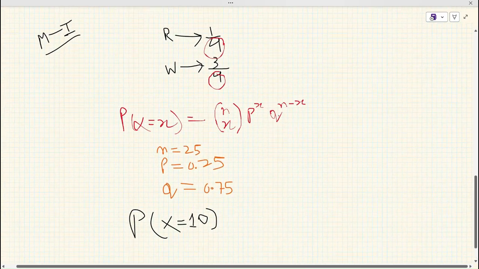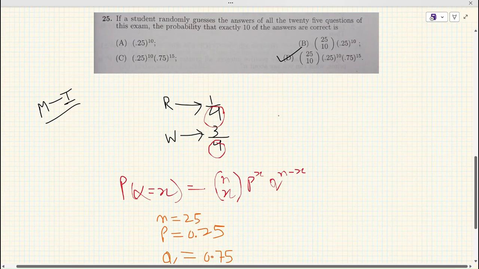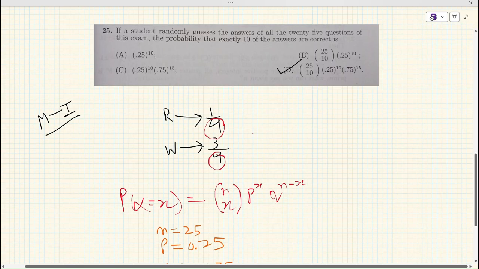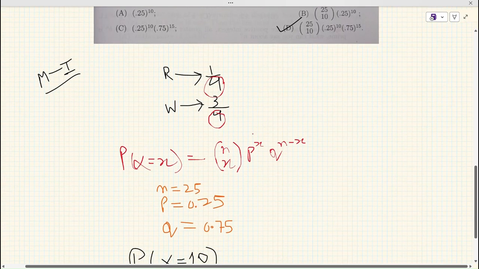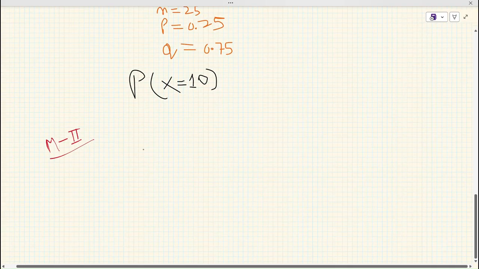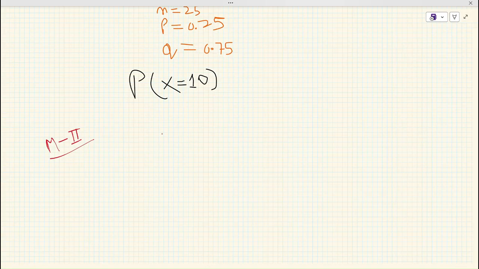We know that getting it right is 1 by 4 and getting it wrong is 3 by 4. Exactly 10 answers are to be correct, so the number of ways we can choose 10 questions out of 25 is 25 C 10.